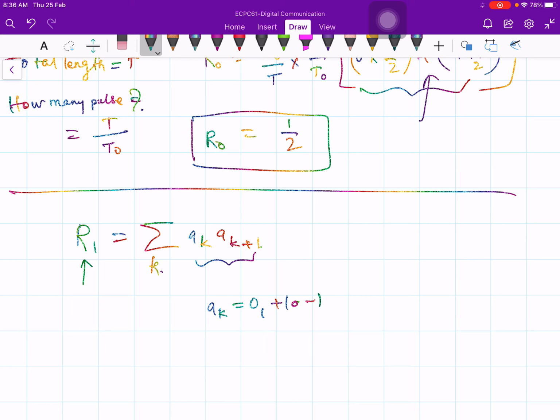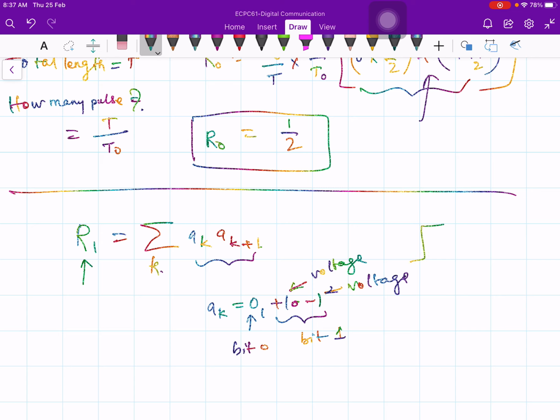Don't confuse this plus 1 with the binary level; it indicates the voltage signal level. Plus 1 and minus 1 represent bit 1, and 0 represents bit 0.